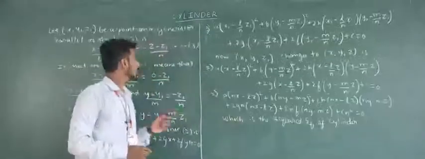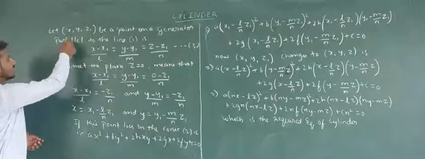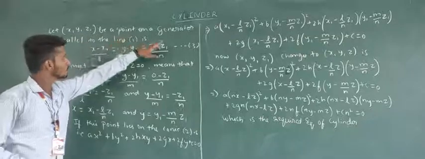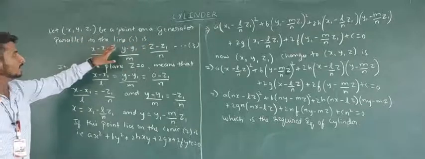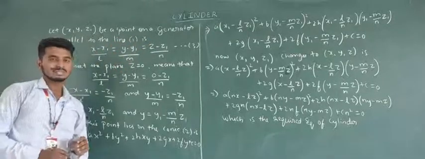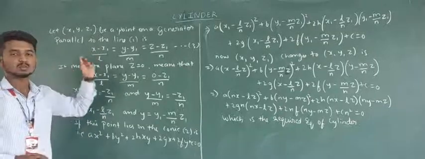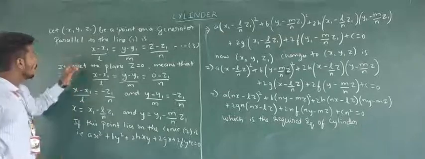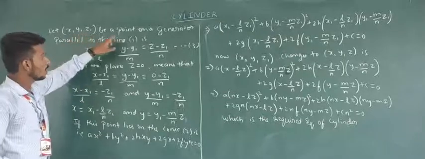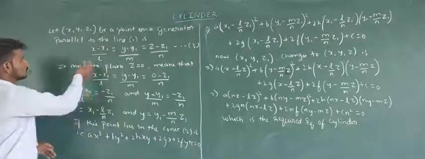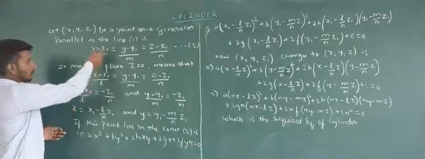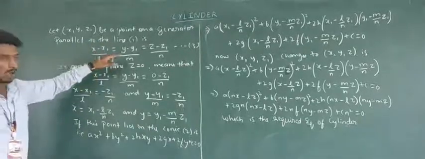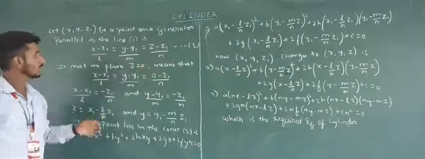So next, let x1, y1 and z1 be a point on the generator parallel to the line 1. So we consider the point x1, y1, z1 on the generator line.